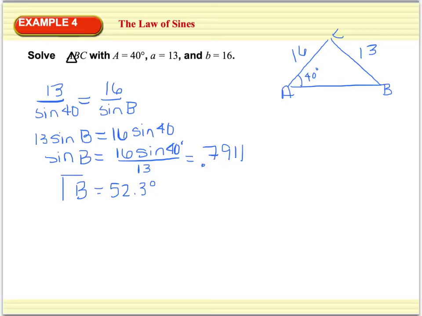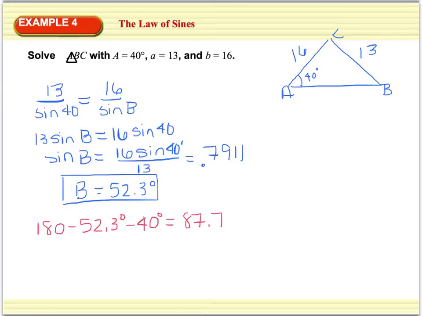So here is angle B. Now, because I know what angle B is, I can then go in and find angle C. So I have 180 degrees minus my angle B, which was 52.3 degrees, minus the 40 degrees that was given for A. This is going to give us 87.7 degrees for angle C.